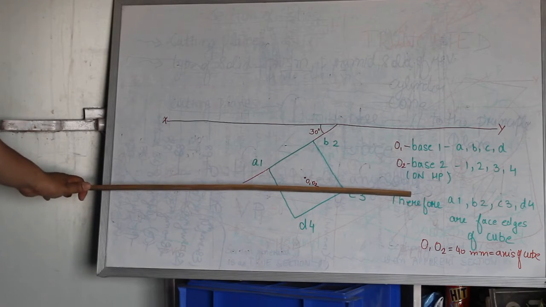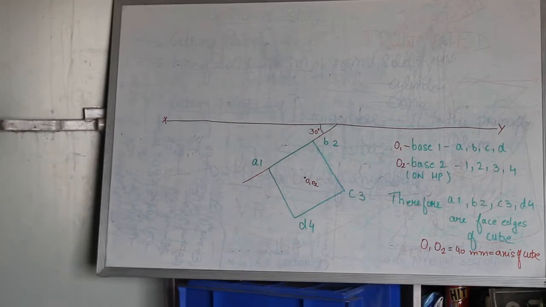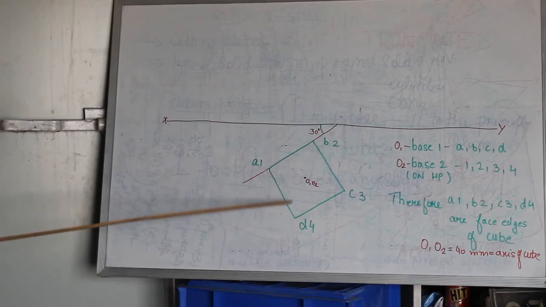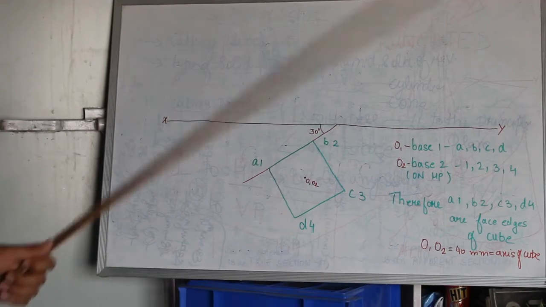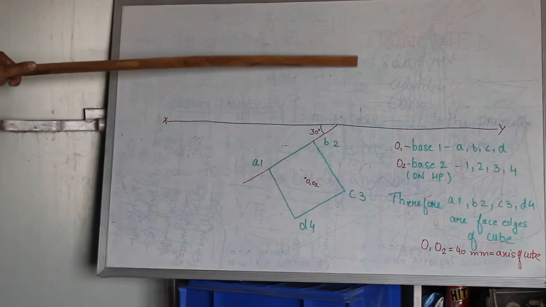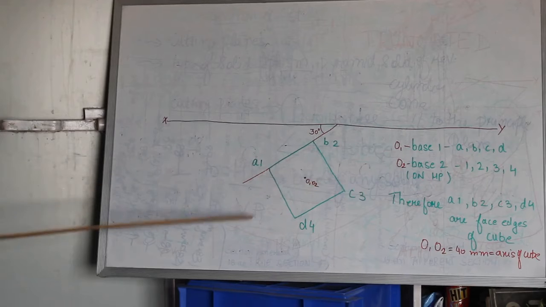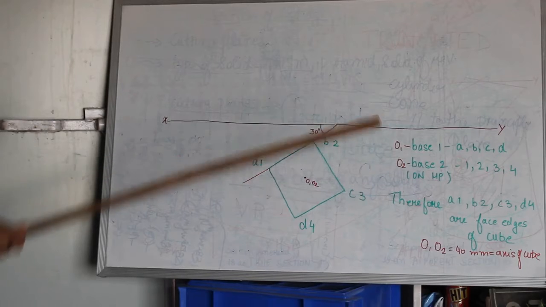And this type of cutting plane whose horizontal trace is a line parallel to the reference line, what is this type of cutting plane? If you remember from your previous class, this type of cutting plane is the vertical section plane. So a cutting plane which is cutting the solid parallel to the vertical plane and creating a horizontal trace in the form of a line parallel to the reference line is a vertical section plane.